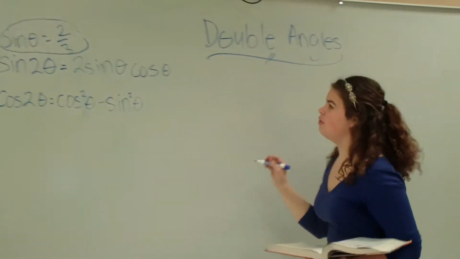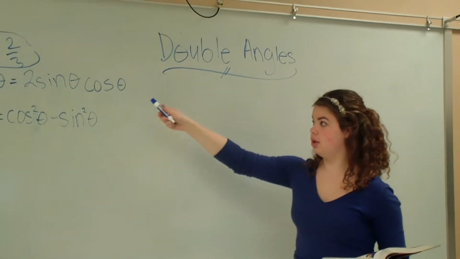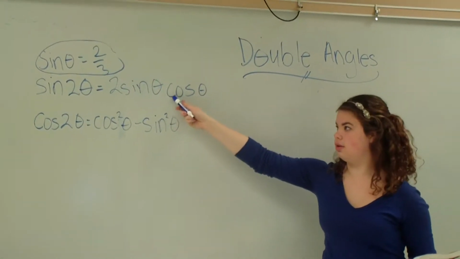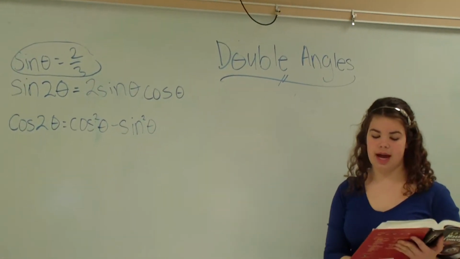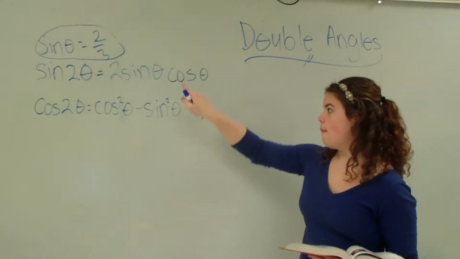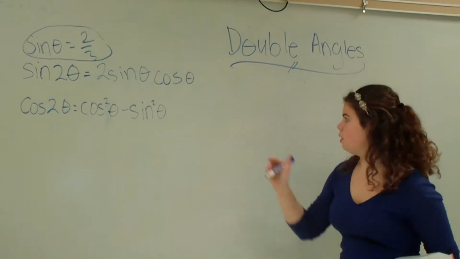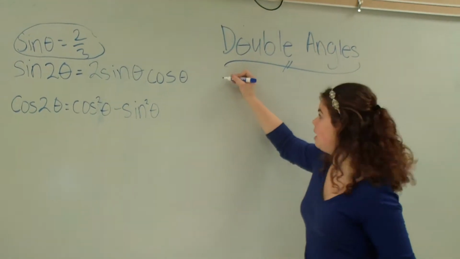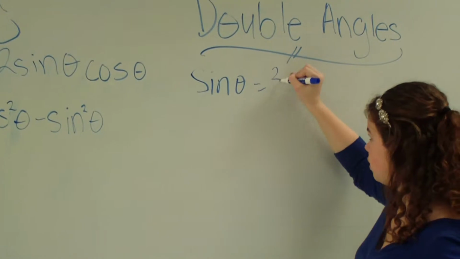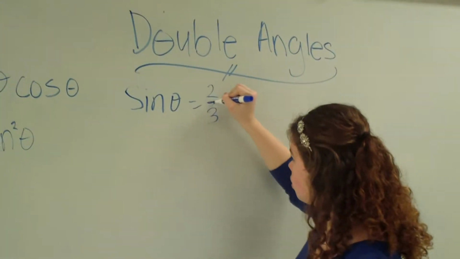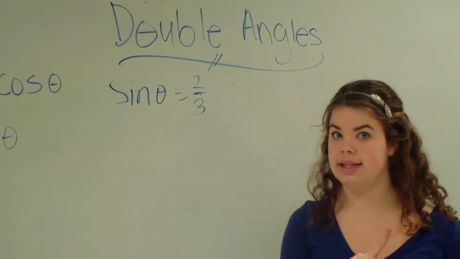So if you want to solve the exact value of that function using your double theta identity, then we are going to have to figure out what cosine is, because there's a cosine part of our equation. Now, if you know sine theta equals 2/3 in the first quadrant, then you can approach finding cosine by using one of your trig identities.